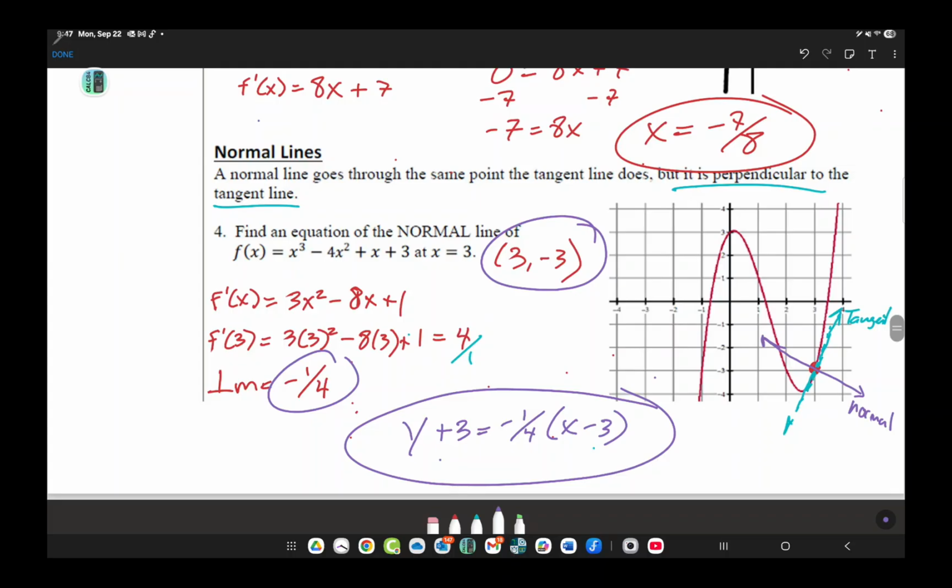What is that written next to negative 1? Perpendicular slope? You guys don't know the symbol for perpendicular? Is M the symbol for slope? No, it's an equal sign. Wait, that's a perpendicular.